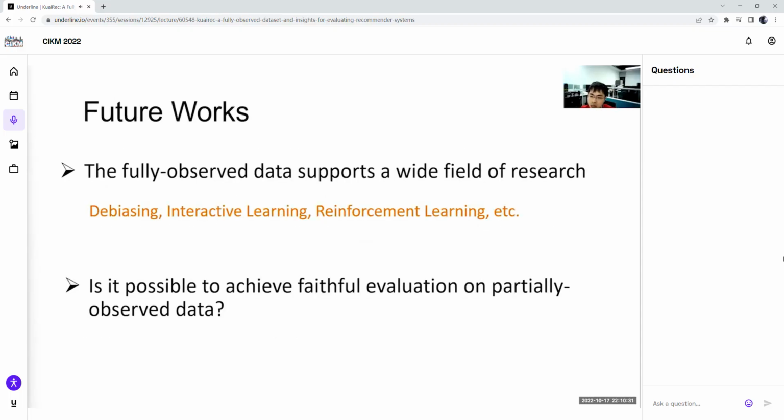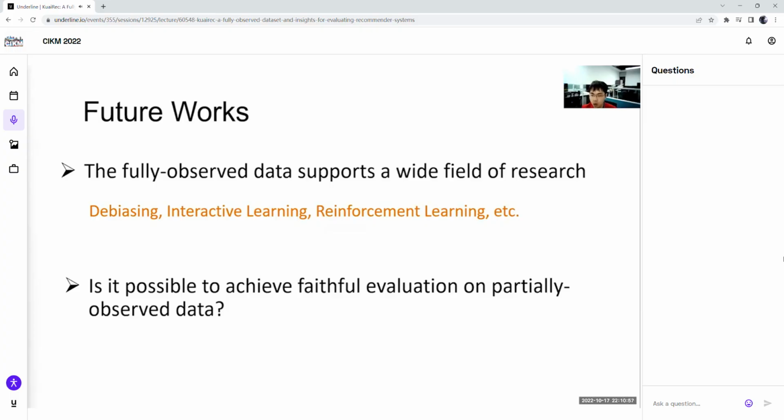The last is a discussion about future work. First, the fully observed data can support a wide field of research, such as debiasing, interactive learning, reinforcement learning, etc. Because this data can precisely characterize the whole environment in recommender systems by recording the users' preference on each item.